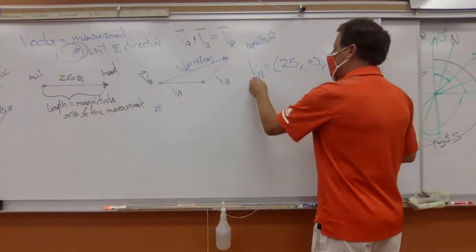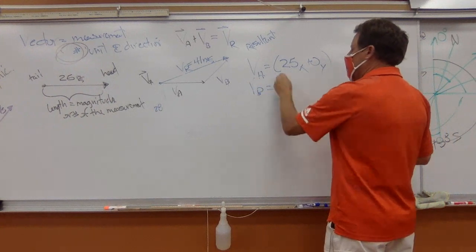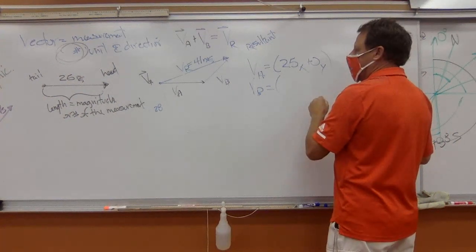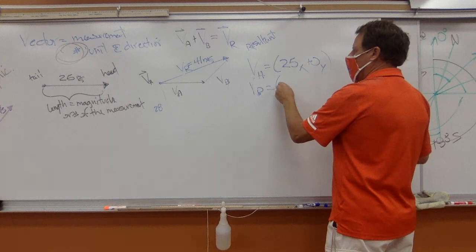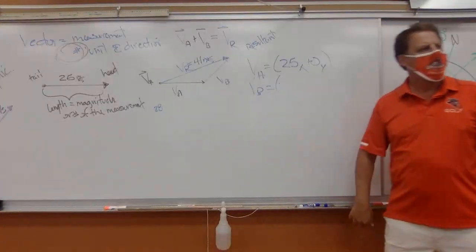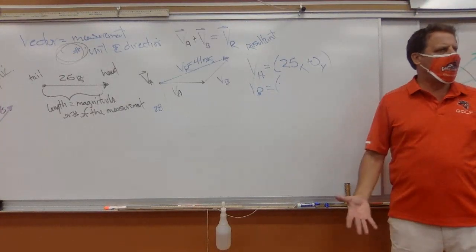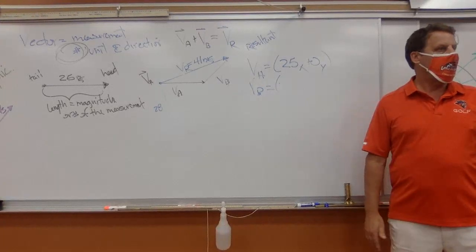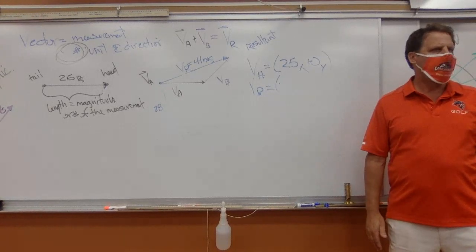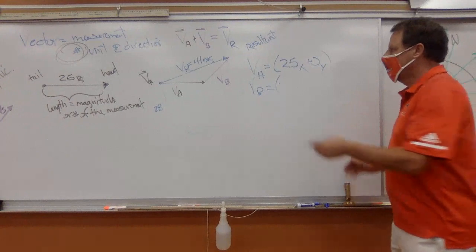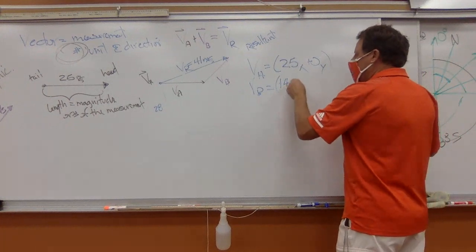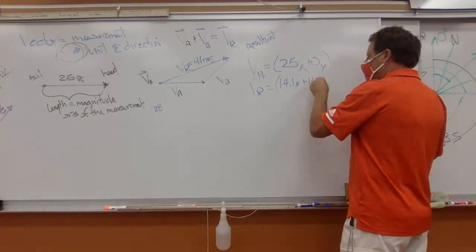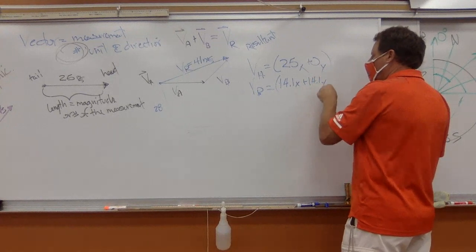Okay. And then vector B is going to equal, how far is vector B in the x direction and how far is it in the y direction? Okay. It is going to be 14.1x plus 14.1y.